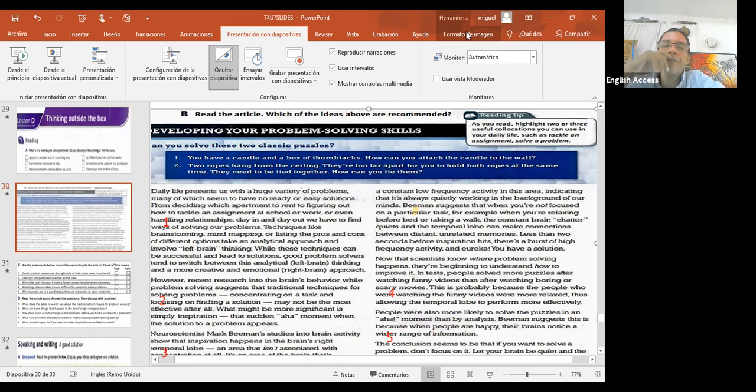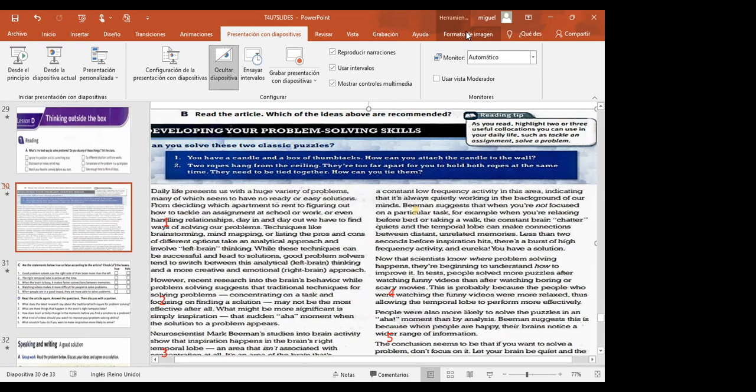Okay, number 4. Now that scientists know where problem solving happens, they're keen to understand how to improve it. In tests, people solved more puzzles after watching funny videos than after watching boring or scary movies.